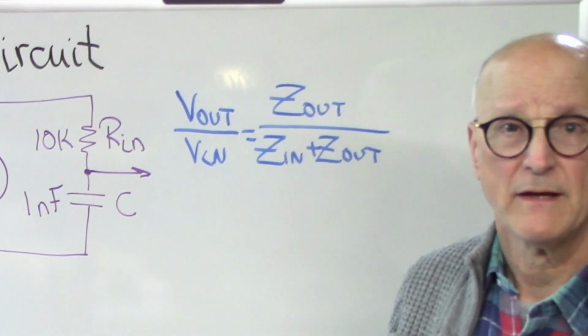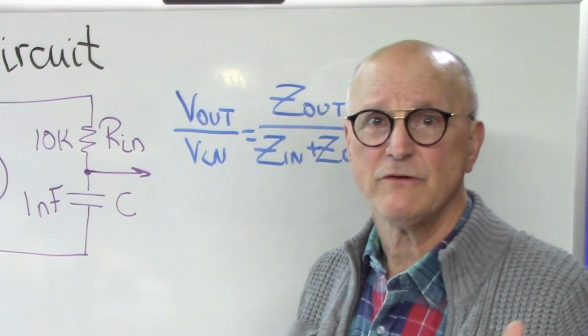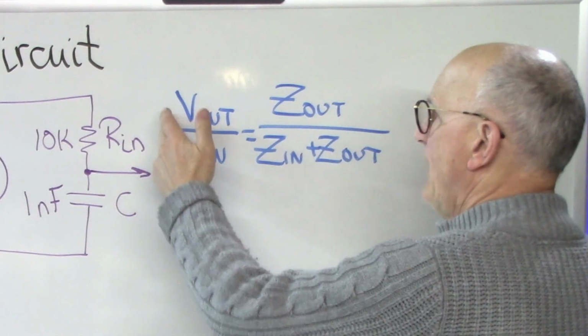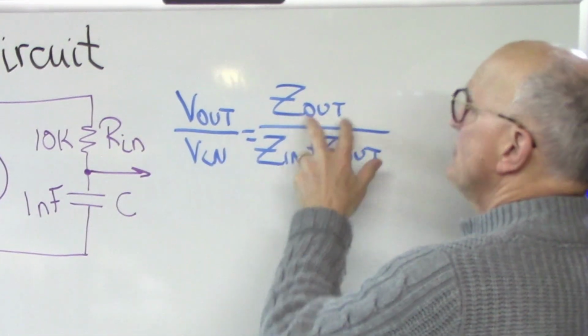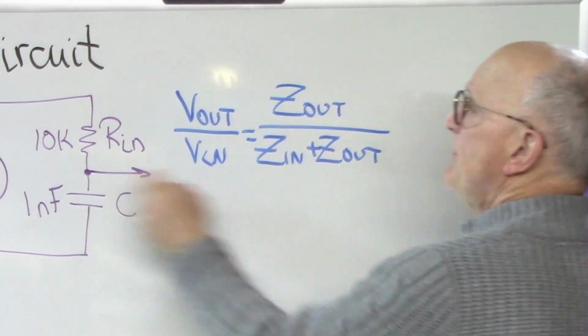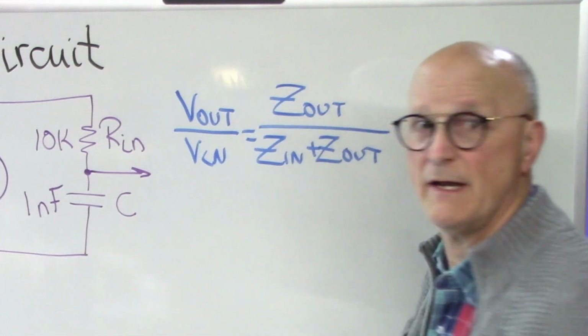That's it. Now we have the standard equation for voltage gain of a voltage divider. V out over Vin is equal to the output entity divided by the sum of the input and the output entities.